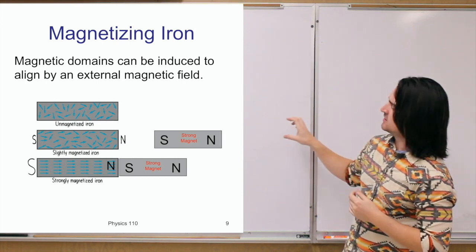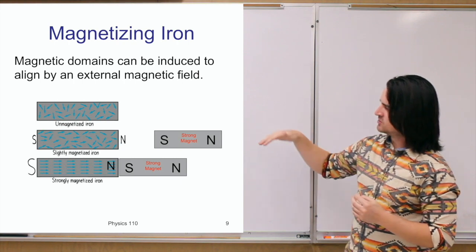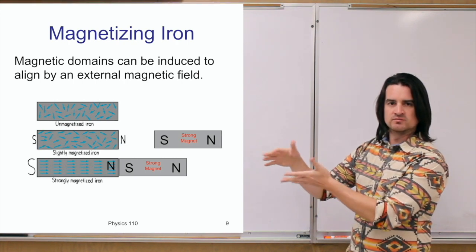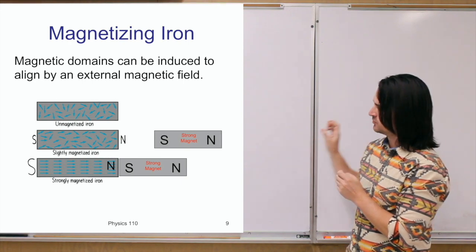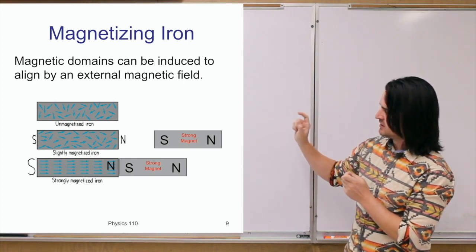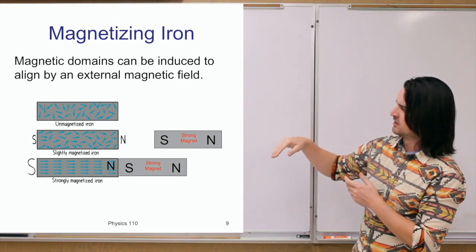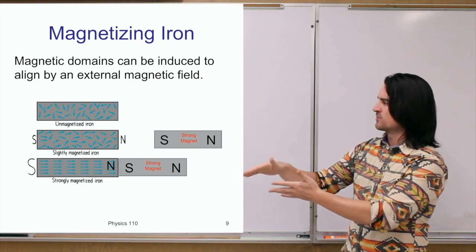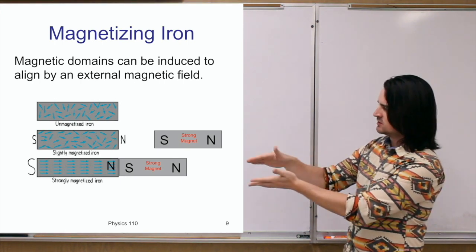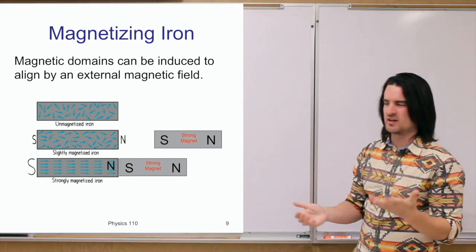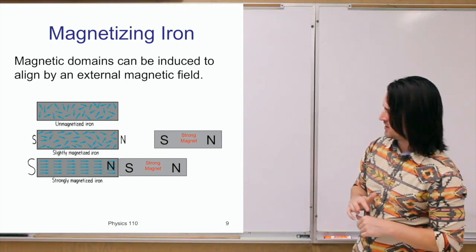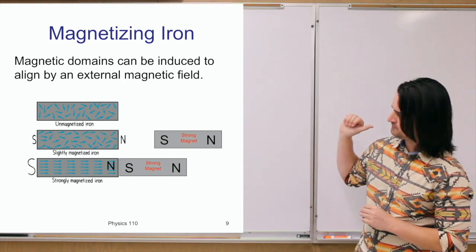So as you bring the magnet in, you start to get more of an alignment of these domains than you had before. If you only brought it kind of close to that magnet, then maybe you might get this middle picture where more of the domains are pointing towards the same direction, but they're not all really aligned. So you have a bit of magnetization, but it's not very highly magnetized. Maybe slightly magnetized, as they say here.